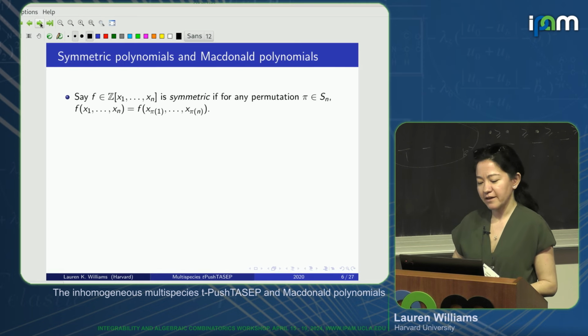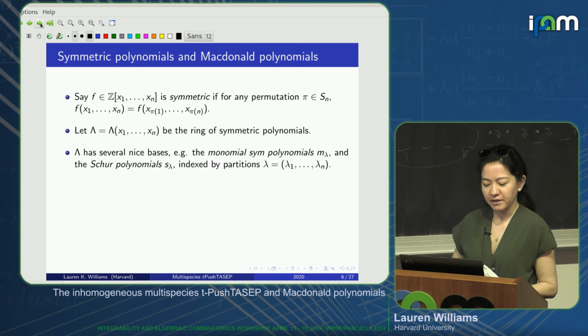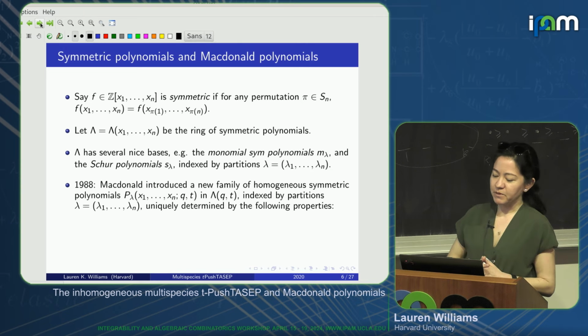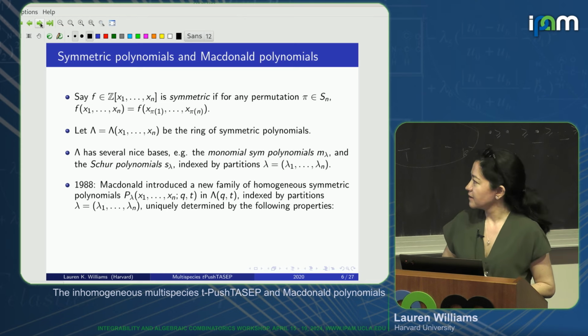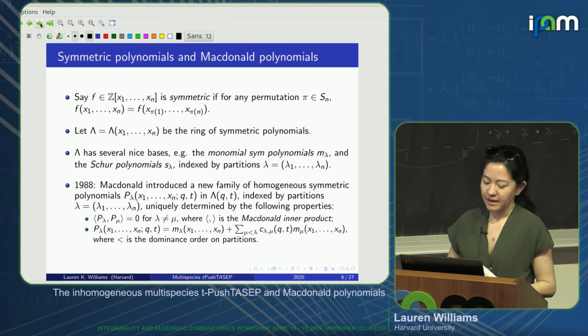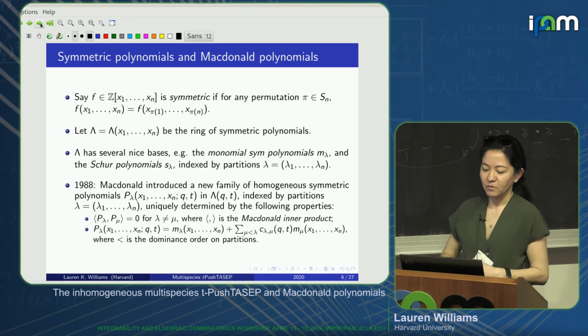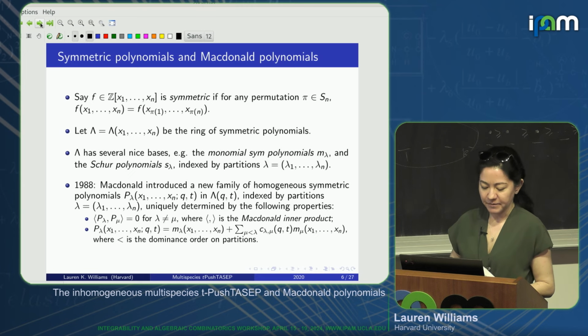Okay, so I think Olja already defined Macdonald polynomials, so I'll be a little bit brief here. Macdonald polynomials are homogeneous symmetric polynomials indexed by partitions. They're uniquely determined by an orthogonality property, and the property that when I write P lambda in the monomial basis, it has leading term m lambda, when I order my terms in dominance order on partitions.